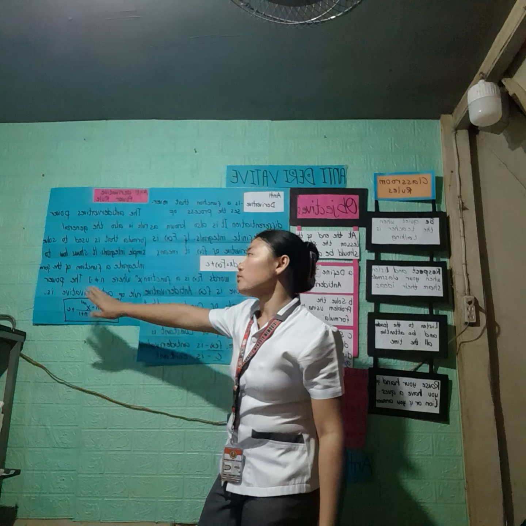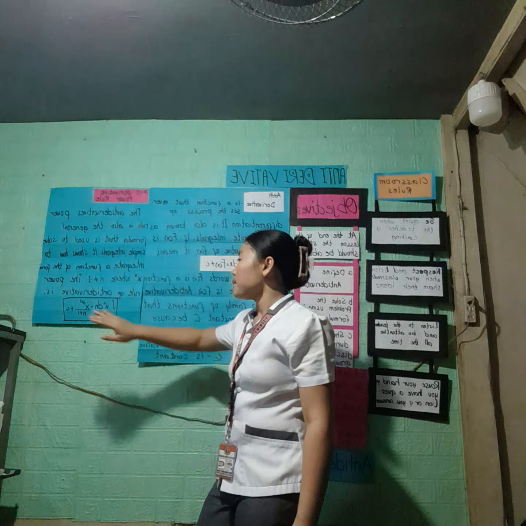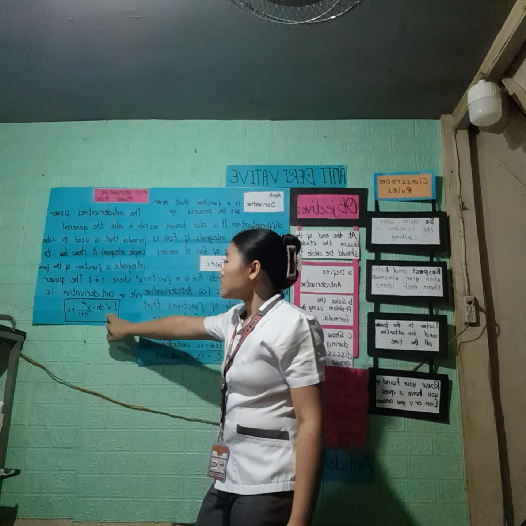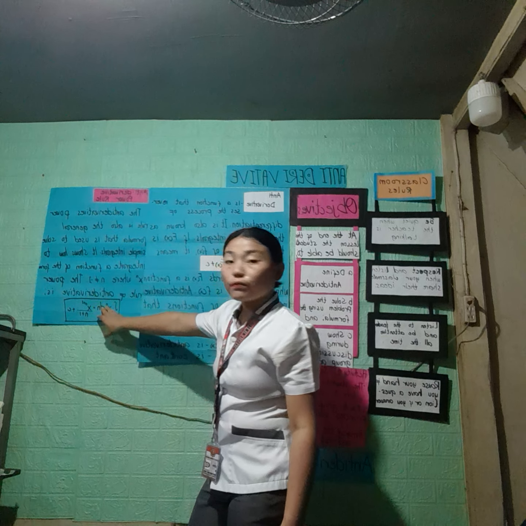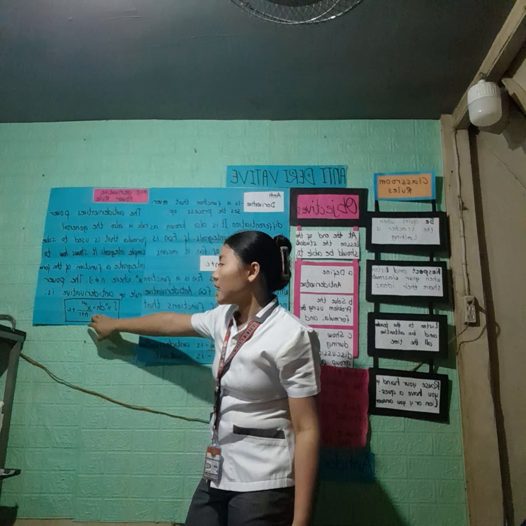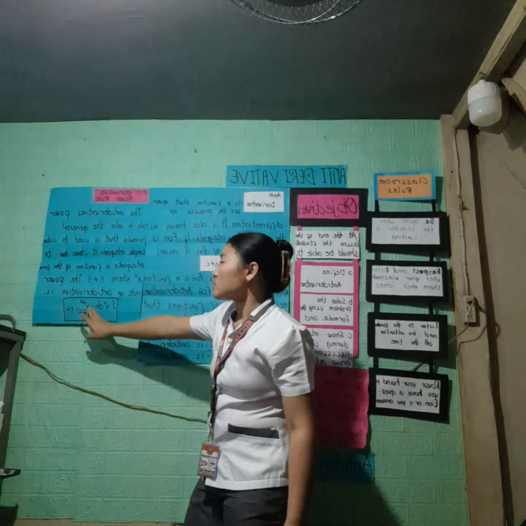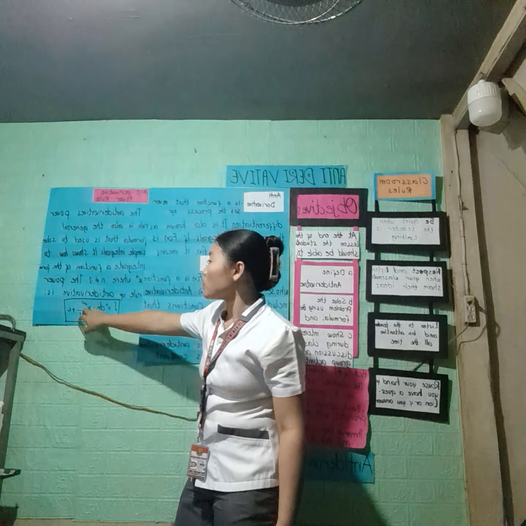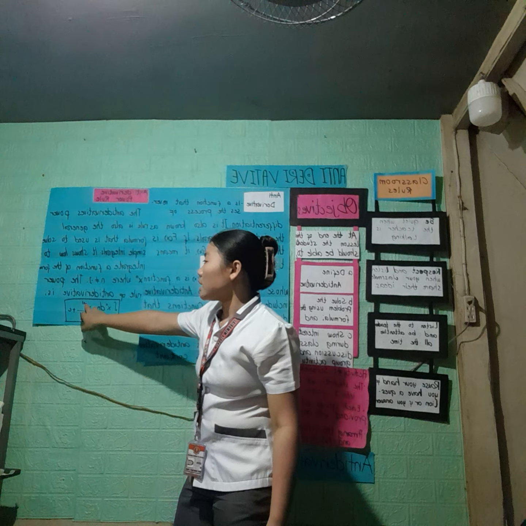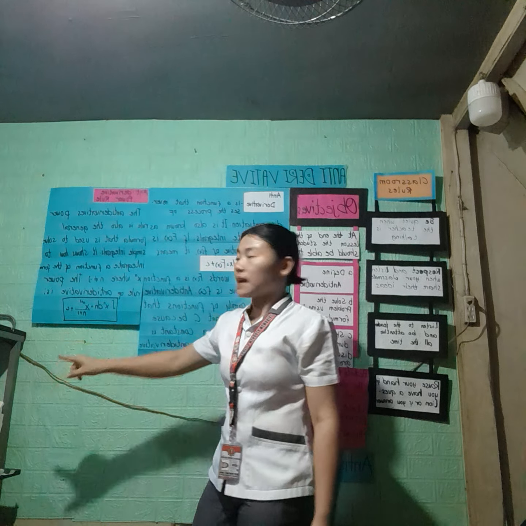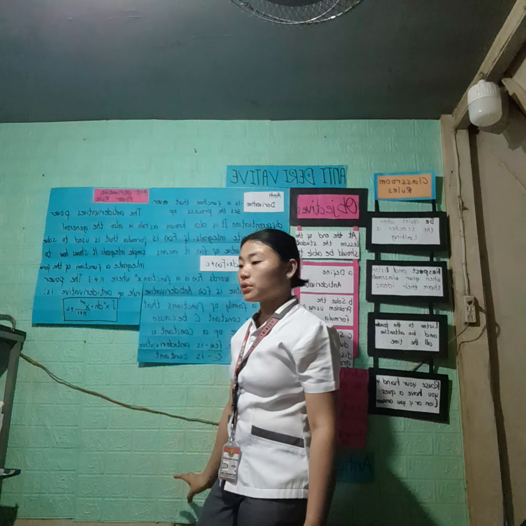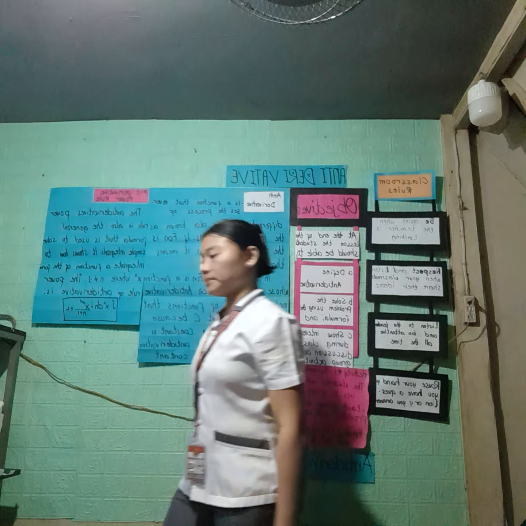The power rule of antiderivative is the integral of x to the power of n dx is equal to x to the n plus 1 over n plus 1 plus c. That is the formula of the antiderivative power rule.